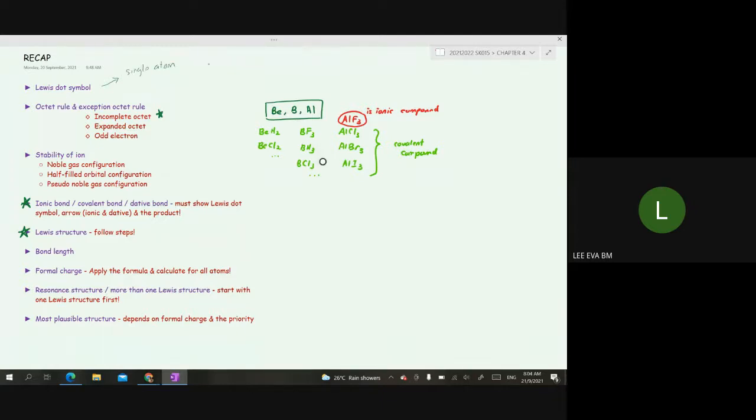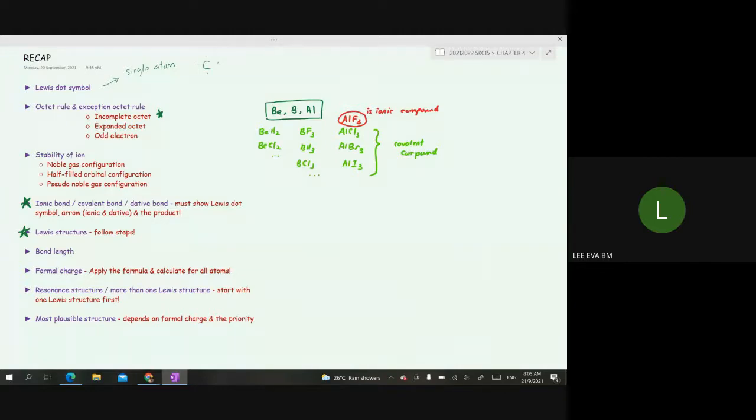For example, carbon has 4 valence electrons, located separately as single electrons. But it doesn't apply for your Lewis structure, because for Lewis structures you need to follow the steps, step 1 until step 5. That one is our Lewis dot symbol for a single atom, following which element you want from the periodic table.